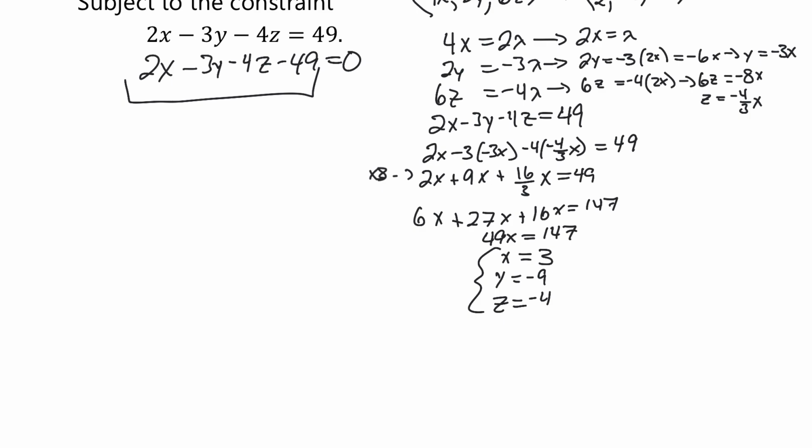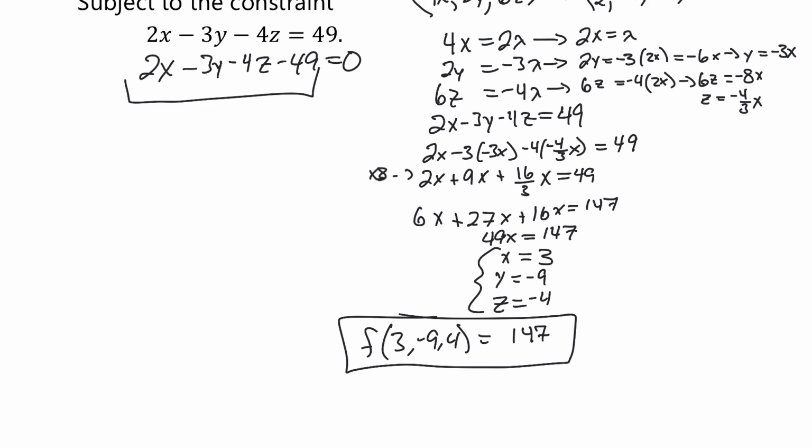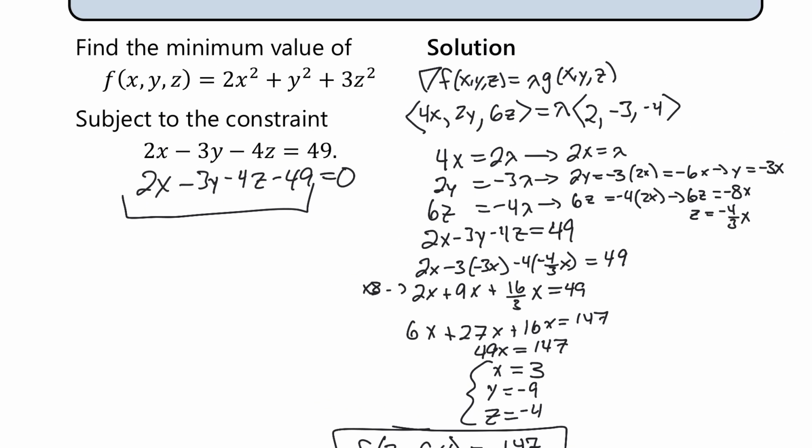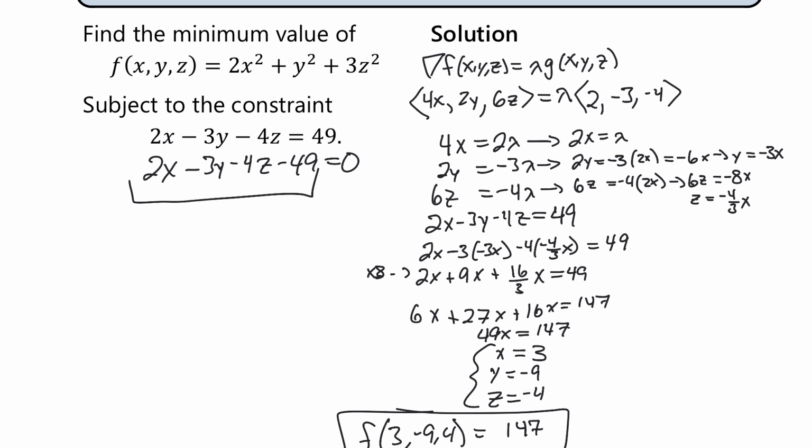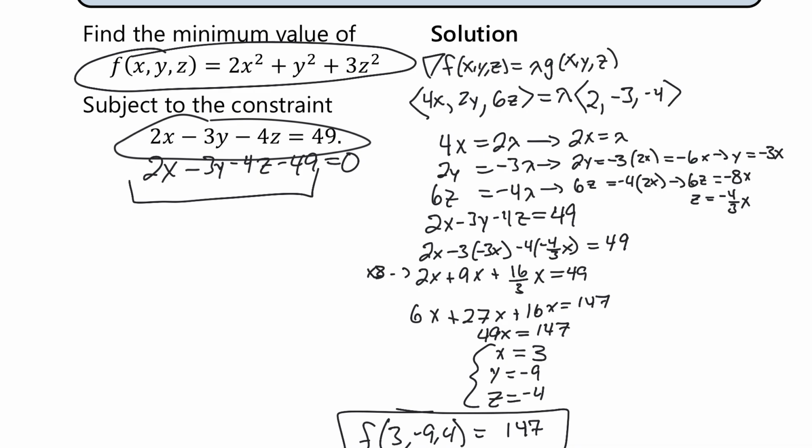So from there, we can plug back into our original function, our f function, 3, negative 9, and negative 4. And what we end up getting is 147. So the minimum value of this particular 3-variable equation, or that would be some kind of hyperspace equation, under this constraint is 147.